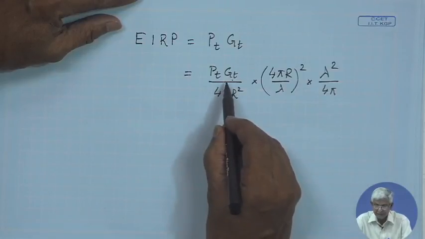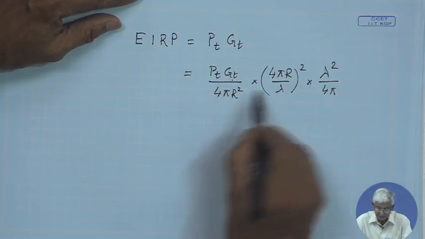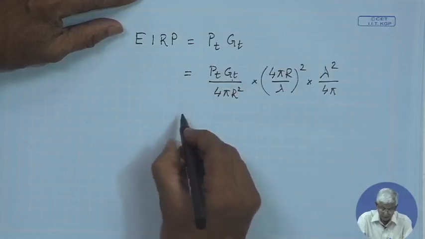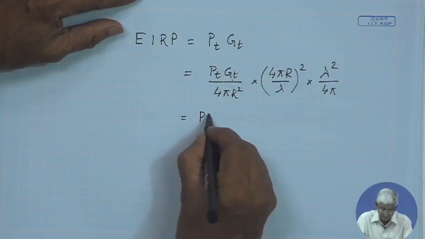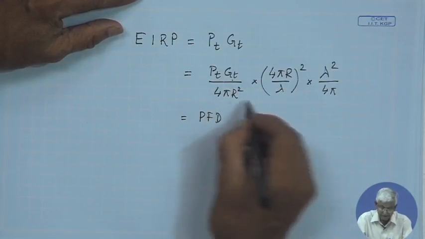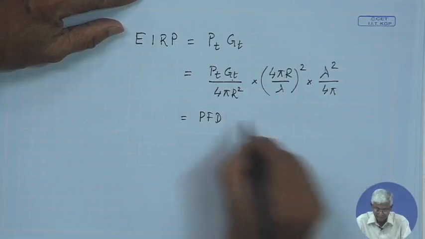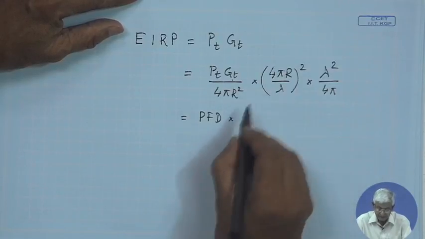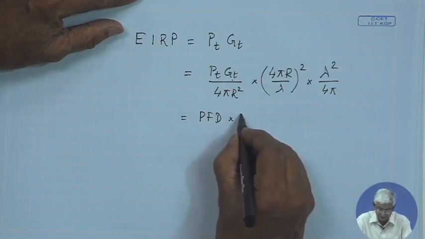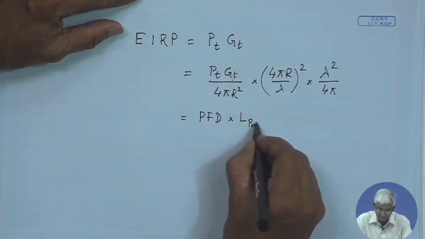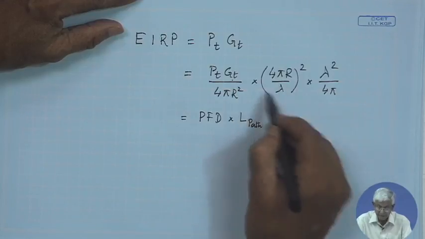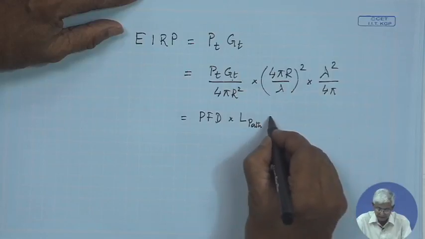So, PTGT remains, but then we try to interpret these terms. This one is our power flux density, PTGT by 4 pi r square, and this term is our path loss, 4 pi r by lambda whole square, and this is something new.